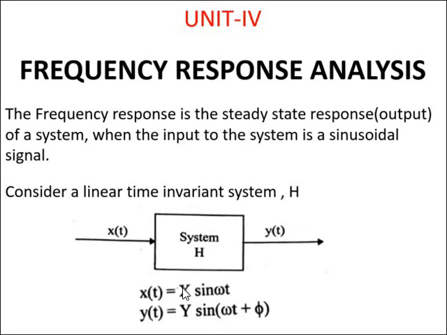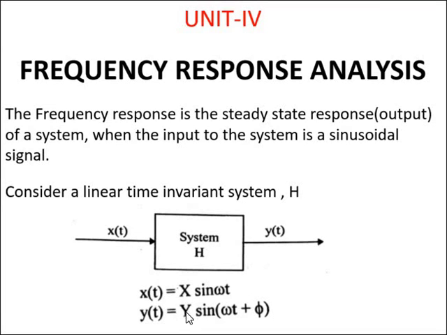First difference, here X is there, here Y is there. X and Y are nothing but amplitudes. So the input signal amplitude and output signal amplitude are different. That is the first one. Second one, here the phase is omega t and here the phase is omega t plus 5. So when compared to the input and output, the magnitudes are different and phases are different.